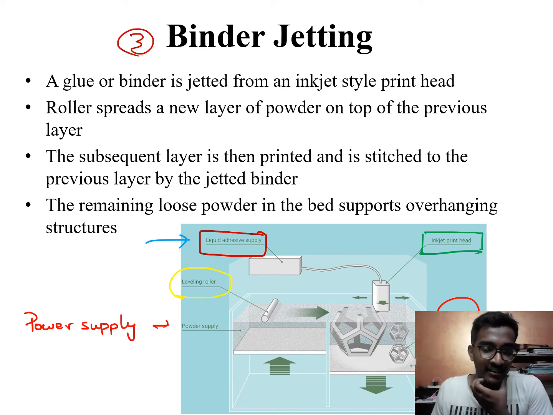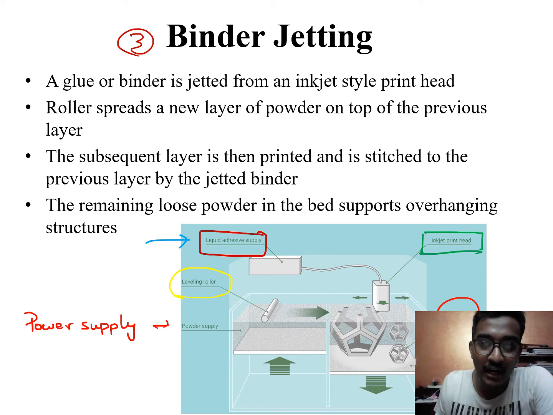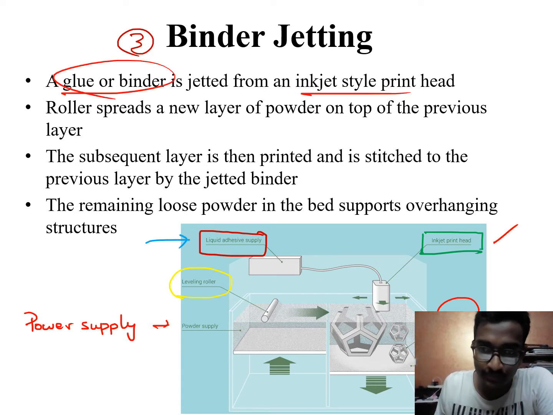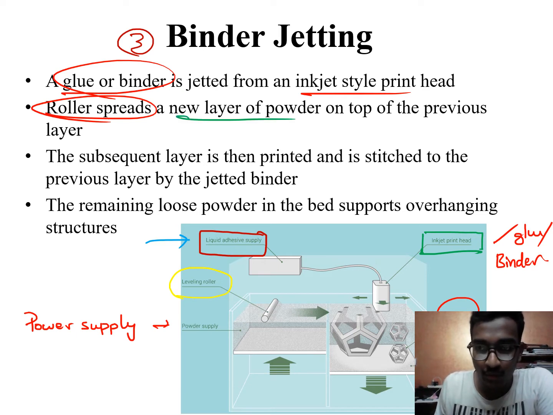But basically, how does it work? A glue or binder is jetted from the inkjet style print head. Then a roller spreads a new layer of powder on top of the previous layer.